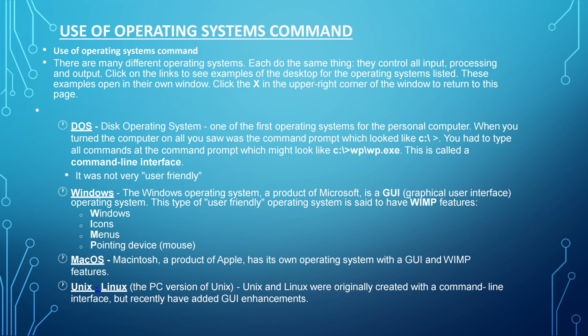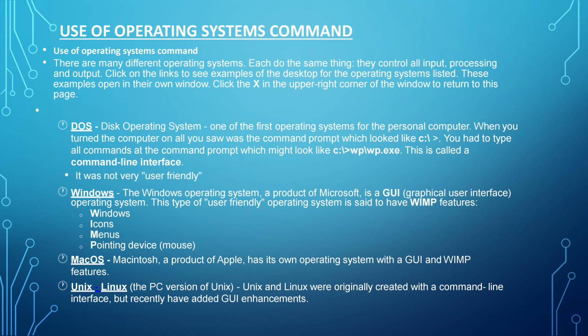When you turn the computer on, all you saw was the command prompt, which looked like C. You had to type all commands at the command prompt, which might look like C/wp/wp.exe. This is called a command line interface. It was not very user-friendly.